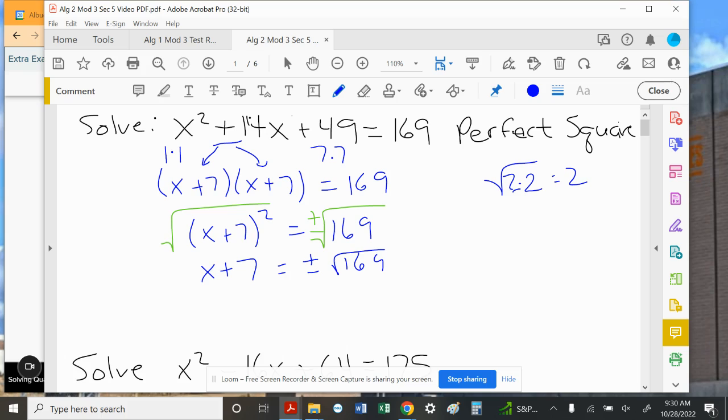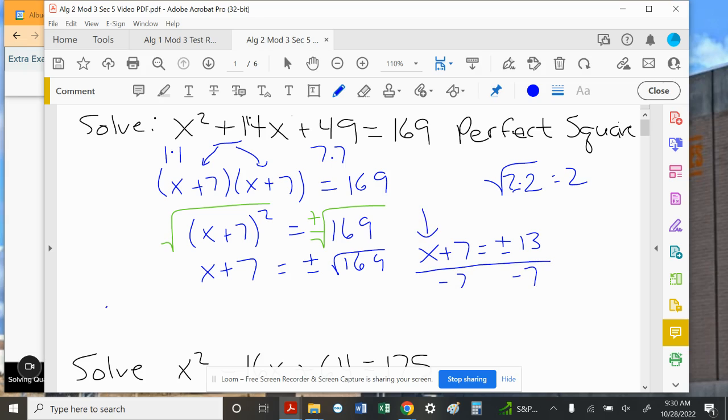And now we can solve it. We have x plus 7 equals, and the square root of 169 is 13, so we have plus or minus 13. Now, that's not quite the final answer. We have to actually solve for x. So we're going to subtract 7 from both sides.